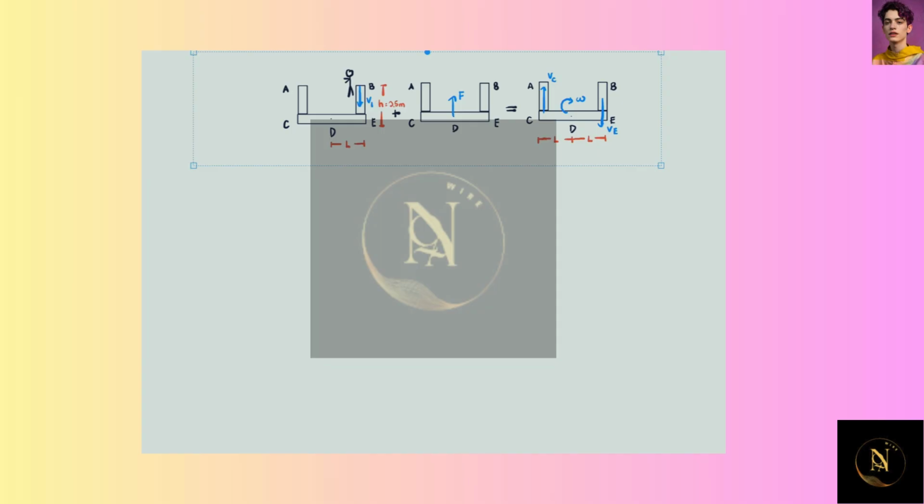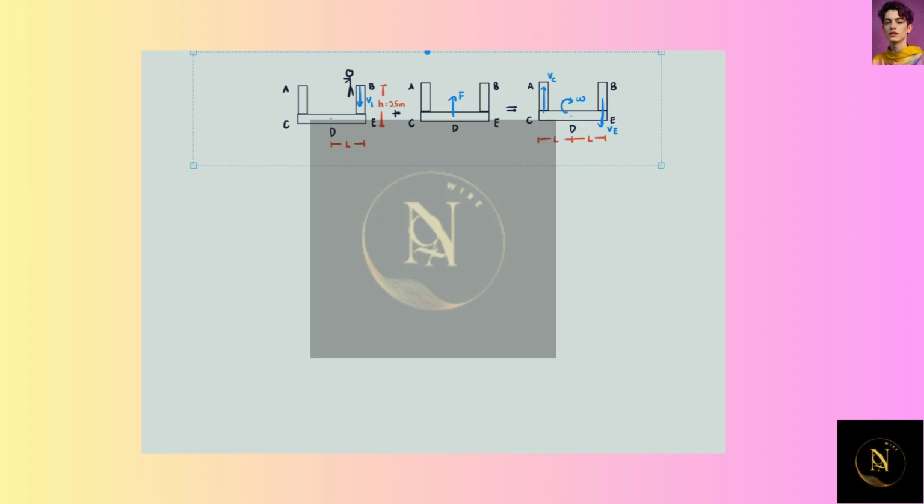In this problem, we need to solve for the height to which gymnast A will rise. So I have here a sketch of the problem. Gymnast B with mass MB jumps and falls from a height h and strikes point E with a velocity v1.